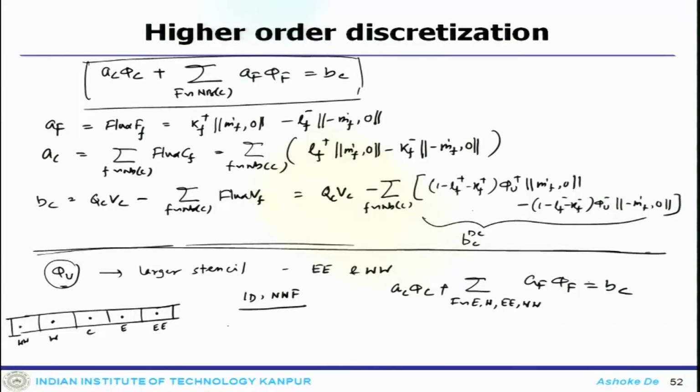So, where your AE would become flux FE, which is m dot E, KE plus, minus m dot E, LE minus, plus m dot W, 1 minus LW plus KW plus.